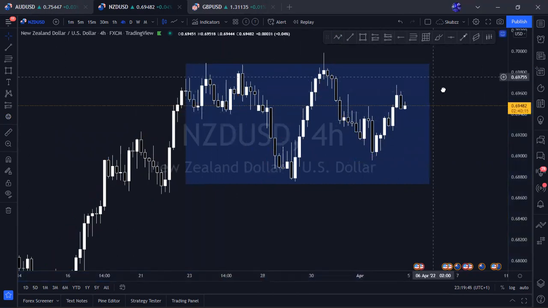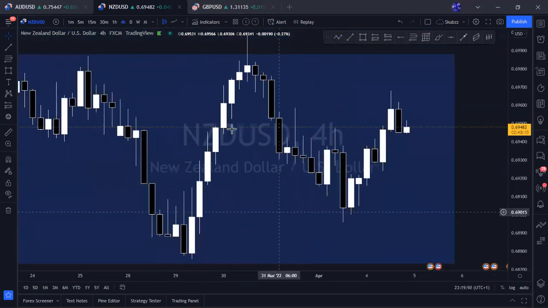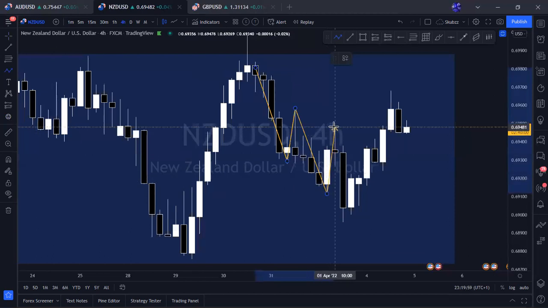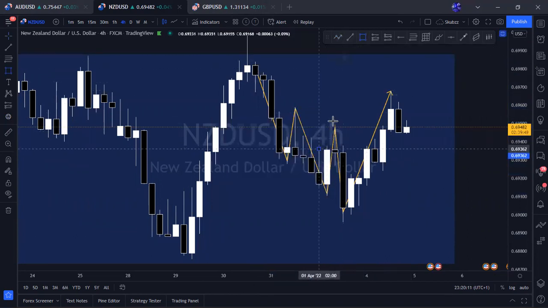If you look at it on the 4-hour chart, the most recent market formation was this. I think this was kind of a retracement, this, and then this. But then we have broken that to the upside. We have broken the previous lower high, which is this one, to the upside. So for me now, the market has bullish sentiments.